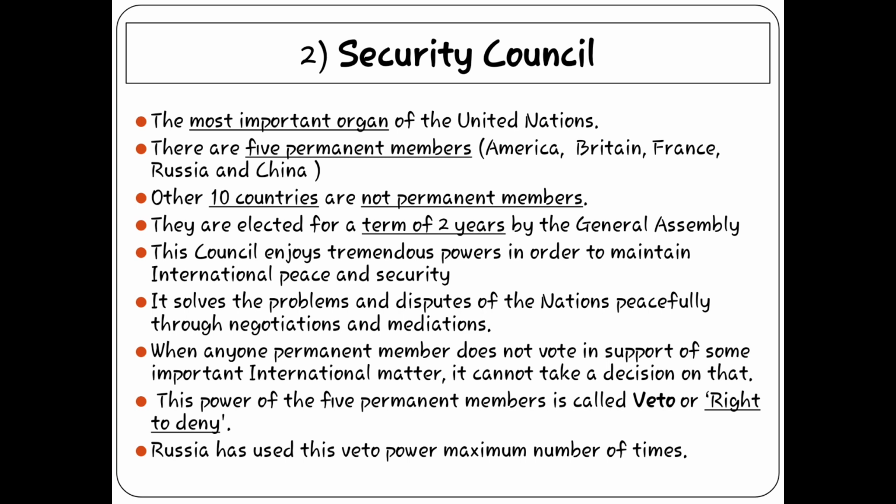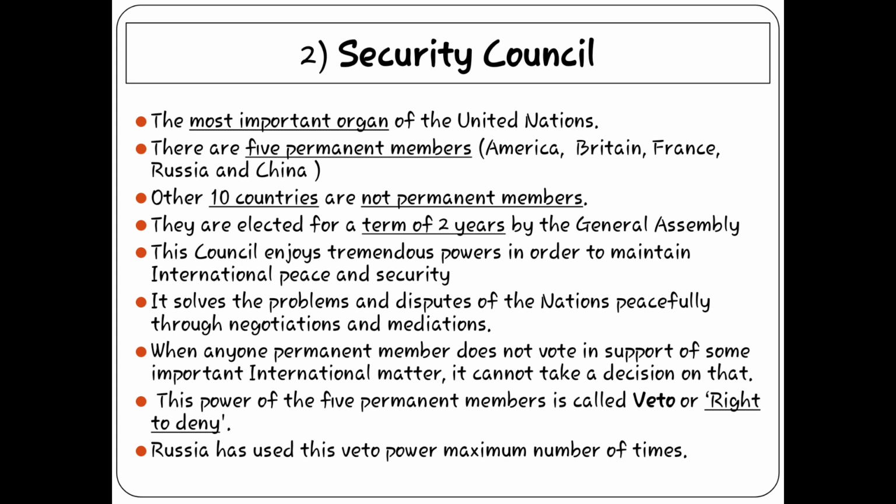When any one permanent member does not vote in support of some important international matter, the council cannot take a decision on that. This power rests with the 5 permanent members, and that power is called veto power or right to deny.